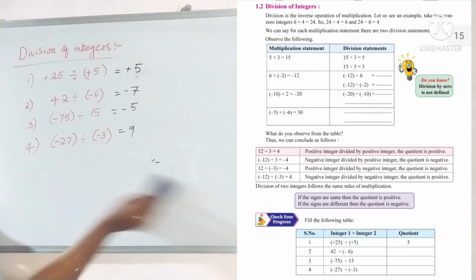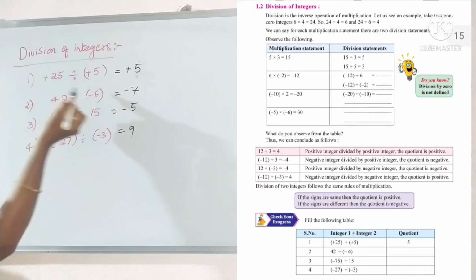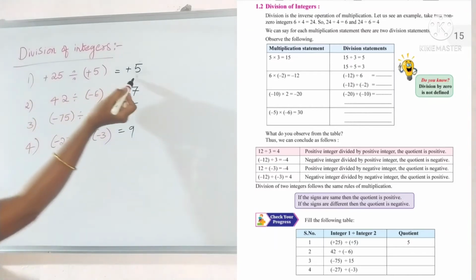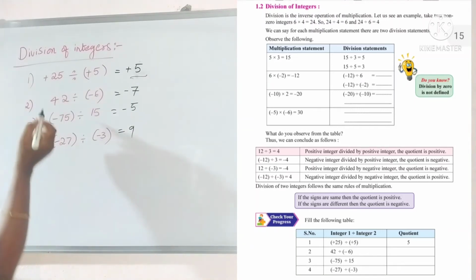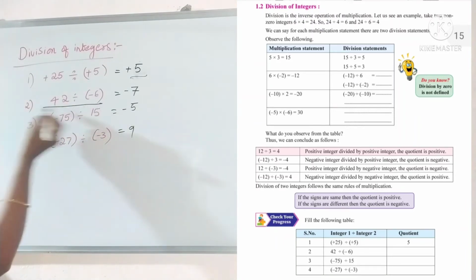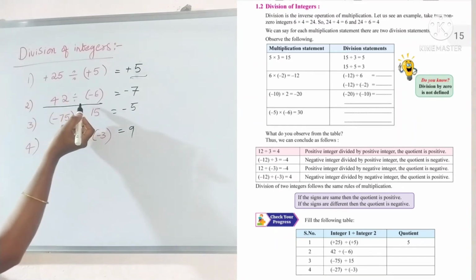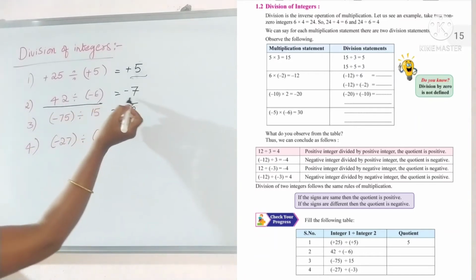So what we can conclude is, if both the integers have the same symbol in the division, then the quotient is positive. If both the integers in the division have different signs, then the quotient will be negative.